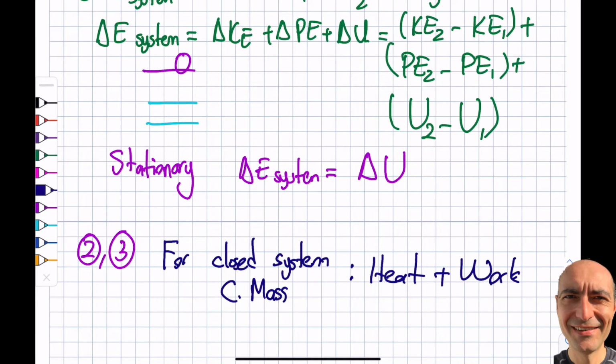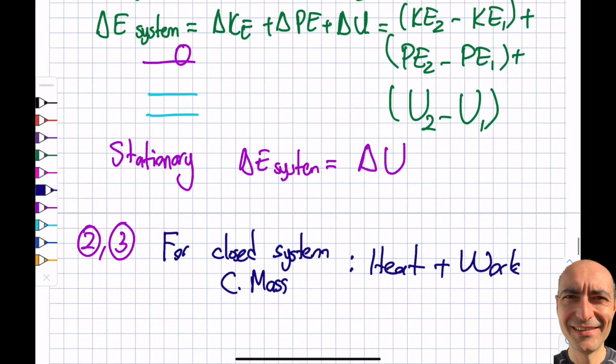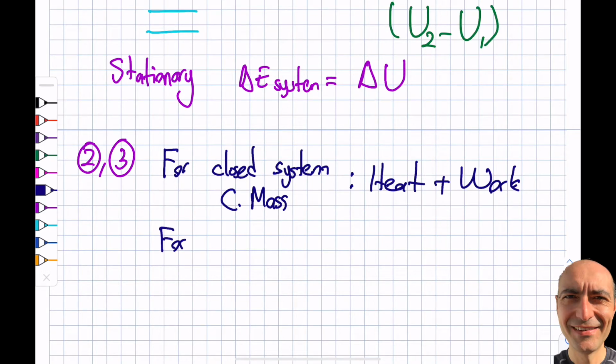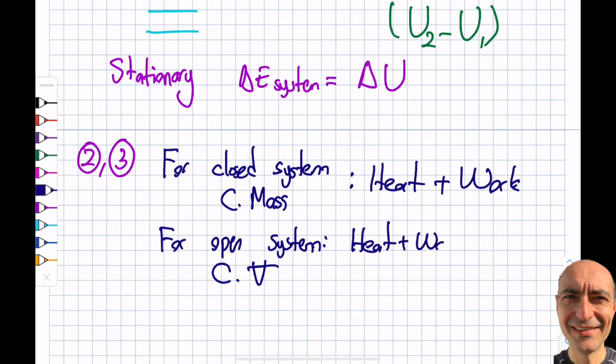Those are the two forms. For open systems, which we also refer to as control volume, I'll have heat, no question about it, same thing with work, but now the mass leaving or entering the system will bring its energy into the system or out of the system as well.